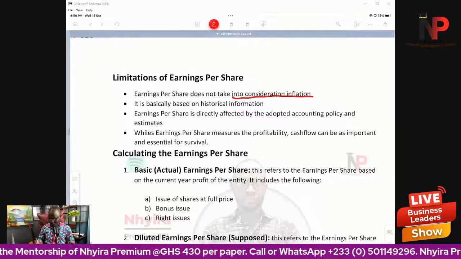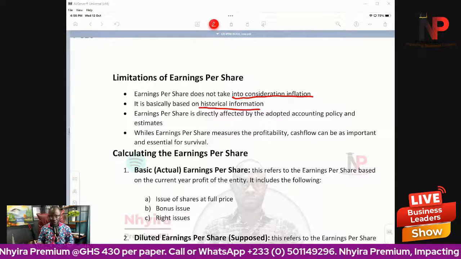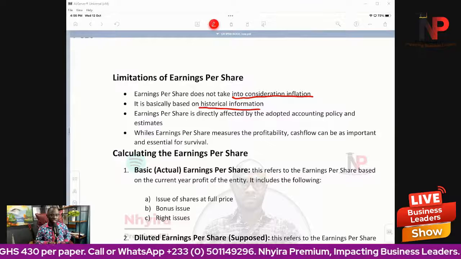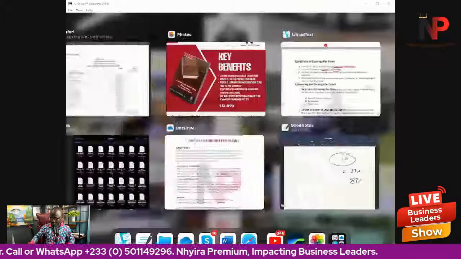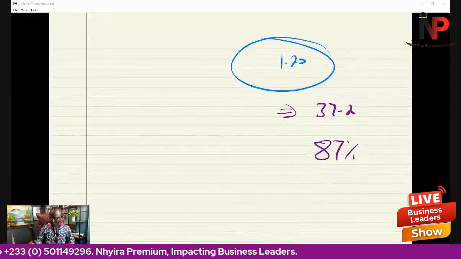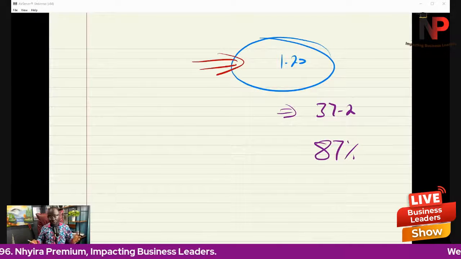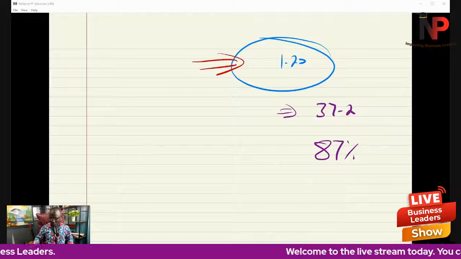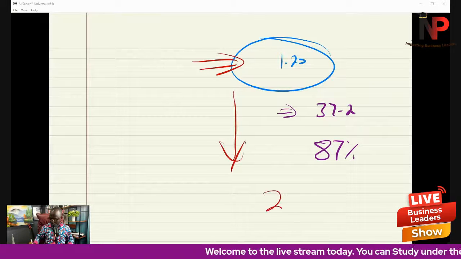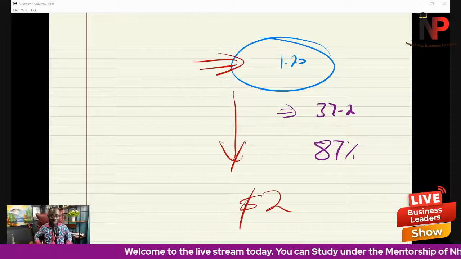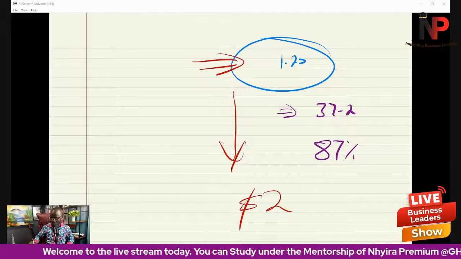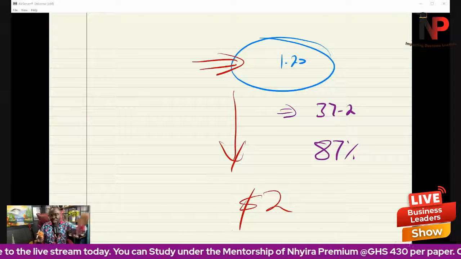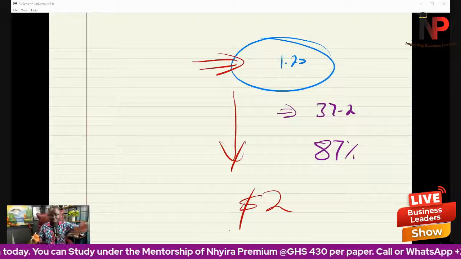Number two, it is basically based on historical information. So you cannot say that because this year the entity had an earnings per share of 1 cedi 20 cents, it means that next year they are likely to have $2. It's based on historical information, past information.